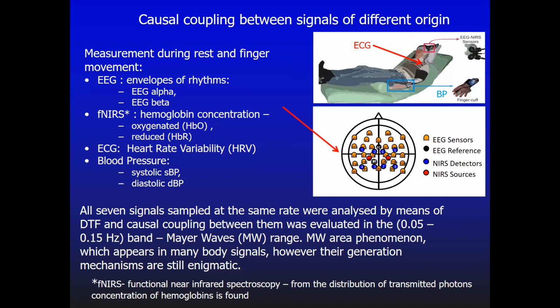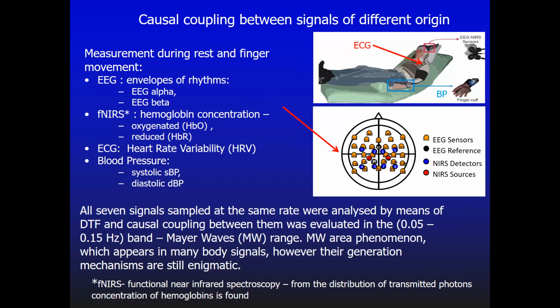Then, by means of the fNIRS technique, that is functional near-infrared spectroscopy, we have determined the concentration of oxygenated and reduced hemoglobin from the distribution of transmitted photons. I understand that it's not clear, but I don't want to diverge too much from the main line of my talk.